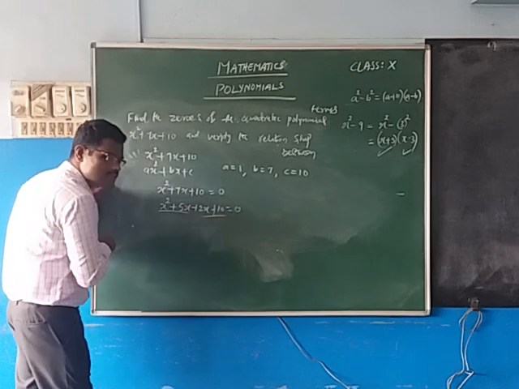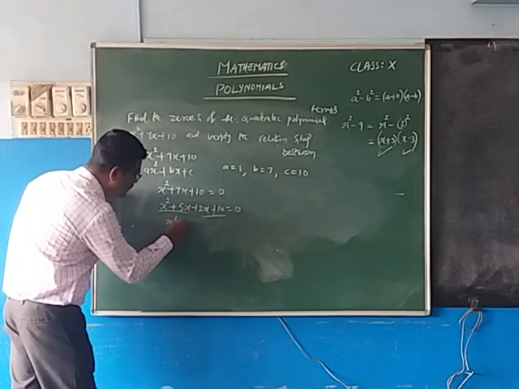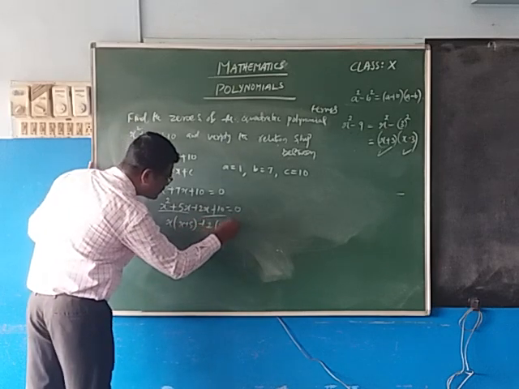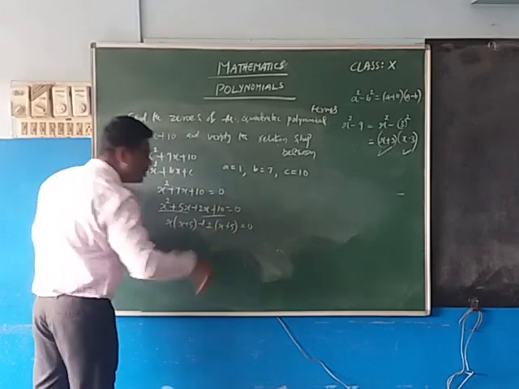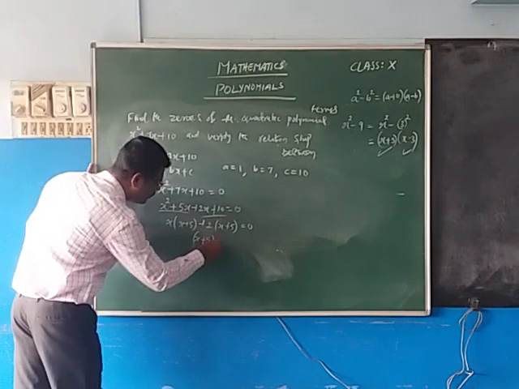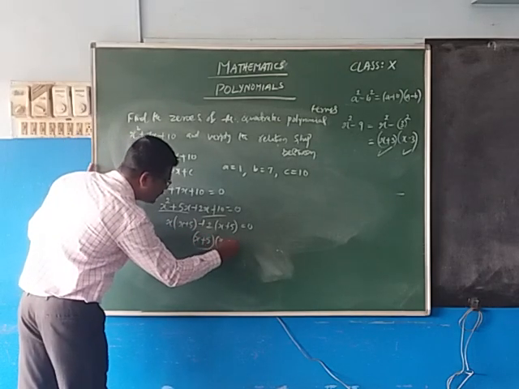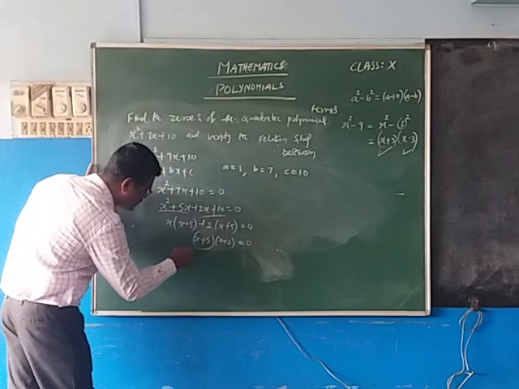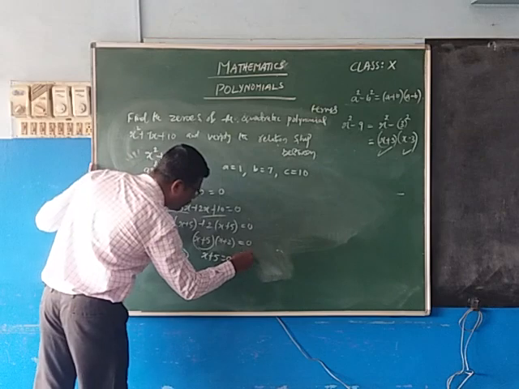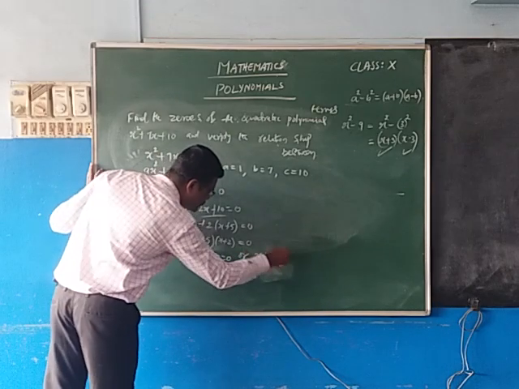Then grouping this, how to group? X is common, x plus 5. Plus here 2 is common, x plus 5. Then again x plus 5 is common. What remains outside? X plus 2. That is equal to 0. What is the meaning of this? Either x plus 5 is equal to 0 or x plus 2 is equal to 0.